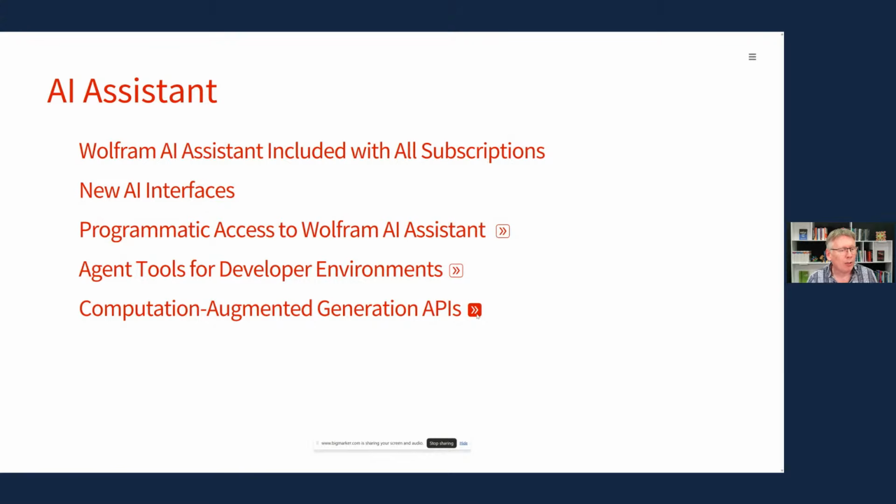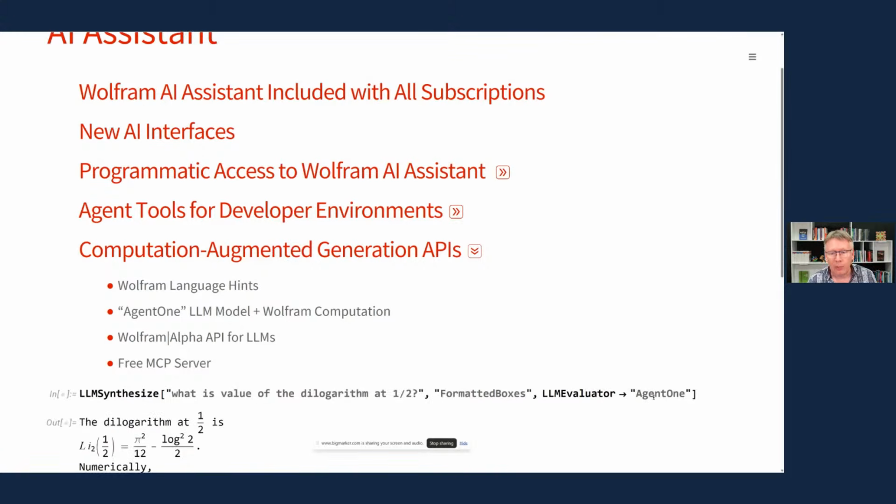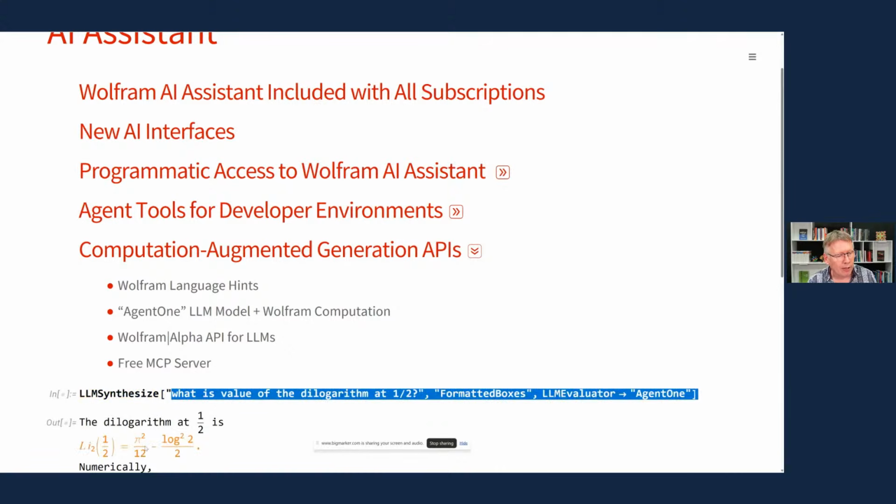For people who are not principally interested in Wolfram Language, we also have a set of various augmentation APIs that allow external developers to access our tech stack. So the API that does documentation search to improve the quality of code writing, that's available as an API, so it can be plugged into externally developed tools. And we have an LLM evaluator, Agent One, which does a mixture of Wolfram Language, Wolfram Alpha, and AI on a single endpoint. So when I ask for this, none of this was computed locally.